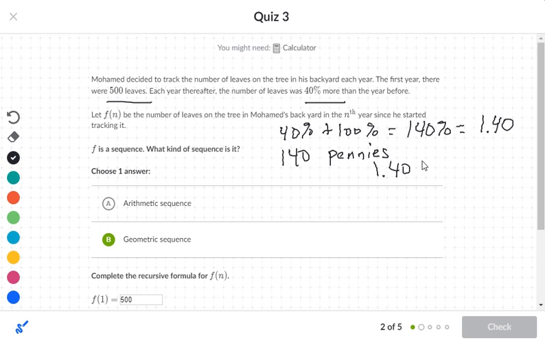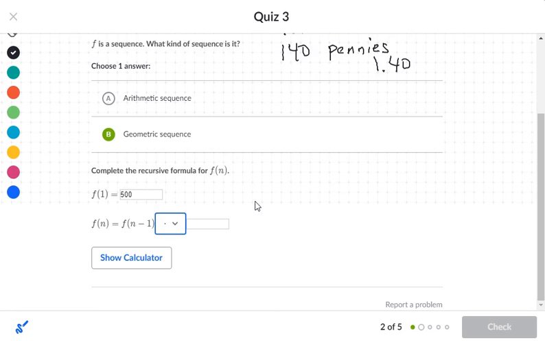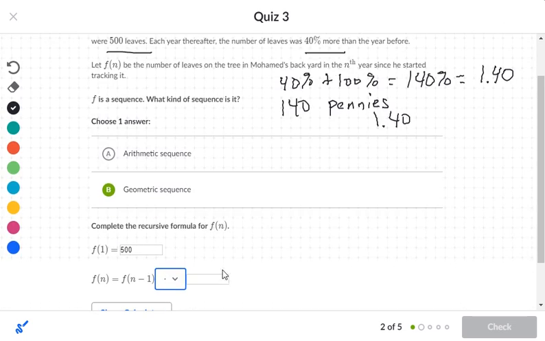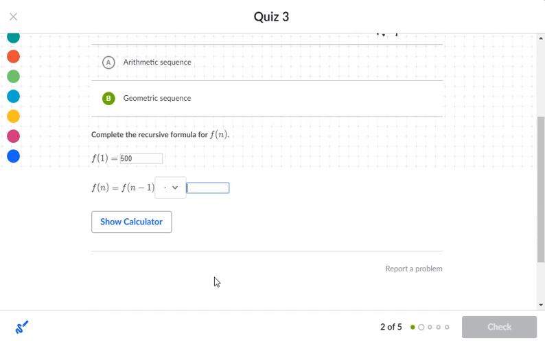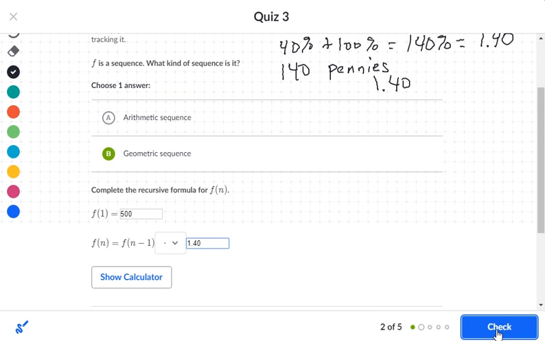So that's another way of thinking about changing this to 1.40. Now remember, the 100% is always the previous number. The 40% is like the growth to the number. So right here we're going to place in 1.40.